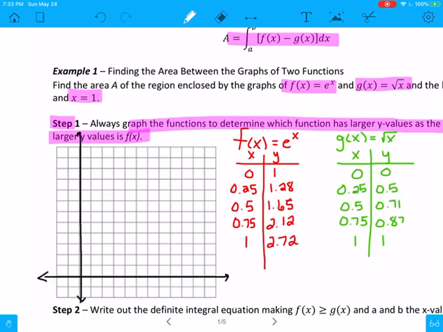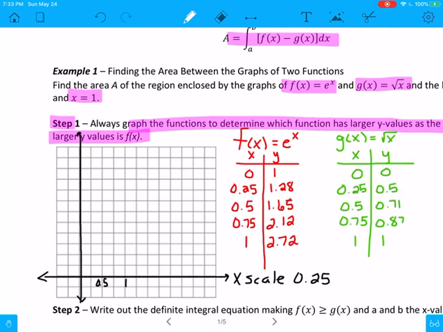Now I have to put my scales on. So I'm going to make my x scale be 0.25. So that means each tick is worth 0.25. So it's not going to take up very much of the graph. You can make them, so this would be 0.5, this would be 1, so you could take up way more. 2, 3, 4. Yeah.